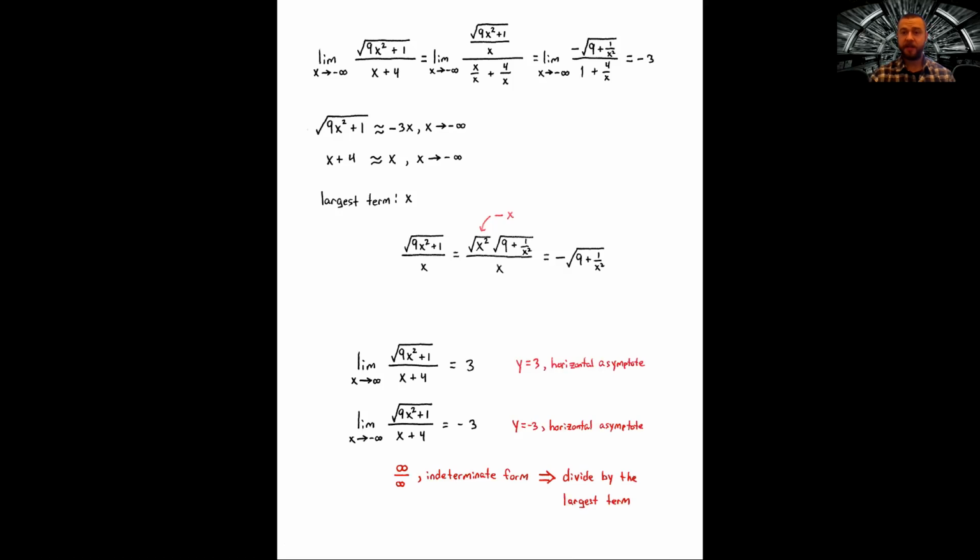So this function has a horizontal asymptote, y equals 3, as x approaches positive infinity. And it has a horizontal asymptote, y equals negative 3, as x approaches negative infinity. That's what we're going to use limits at infinity for within our course usually, determining asymptotes and end behavior for complicated functions.